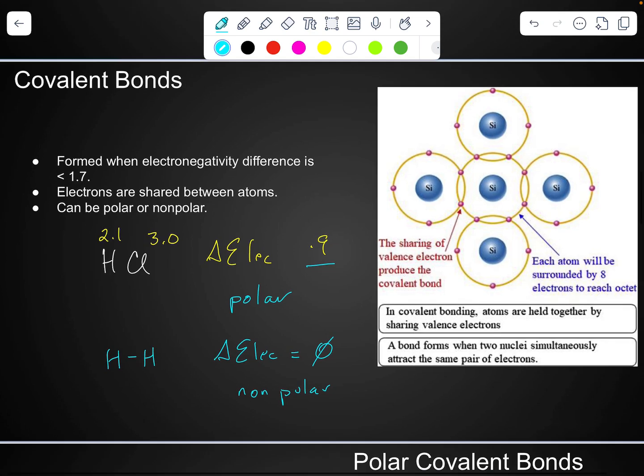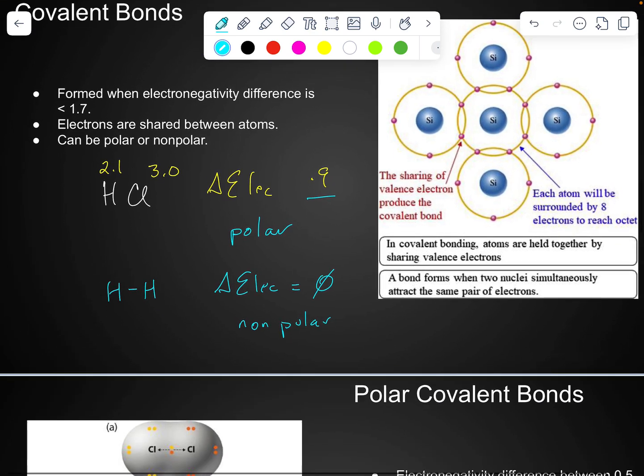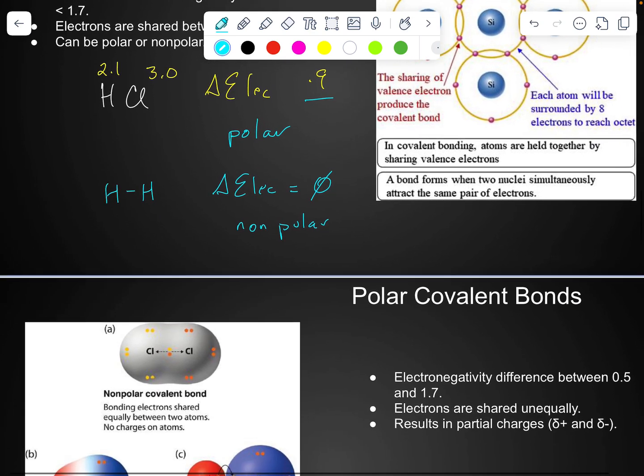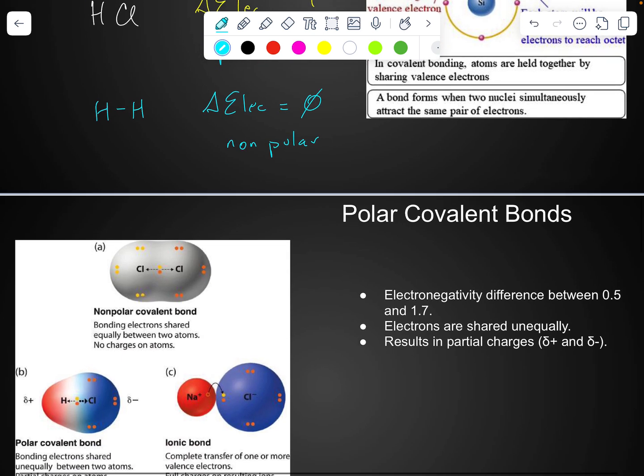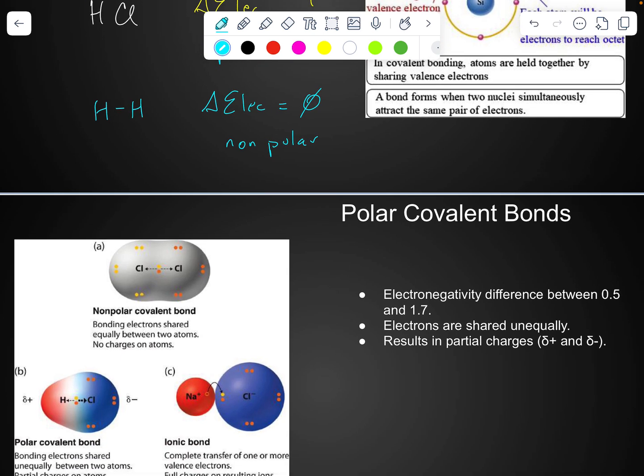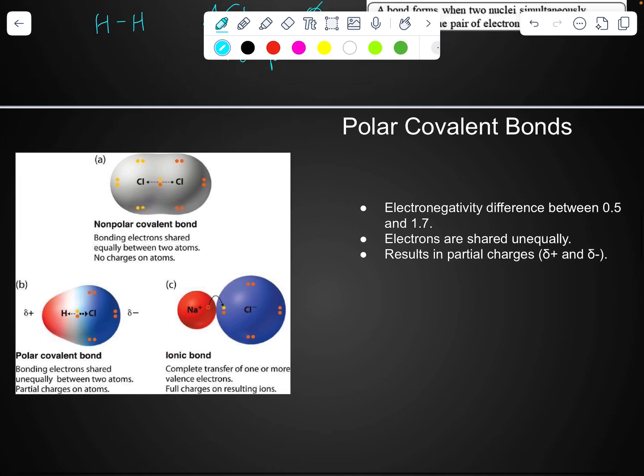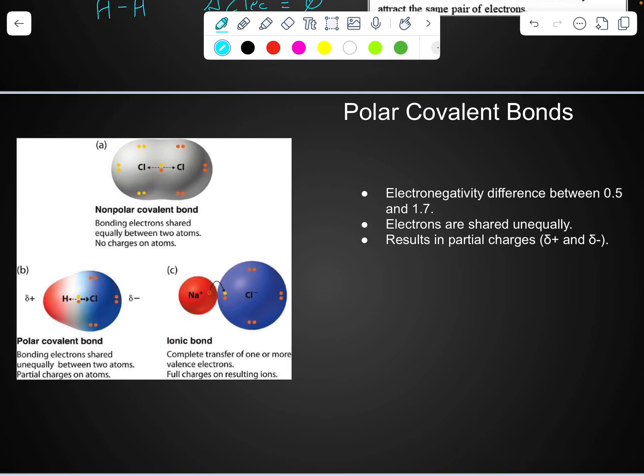If you are sharing them relatively equally, sometimes 0.5 is the break point here, not necessarily 0 like we just showed in that example, then you are considered non-polar. So polar are between the 0.5 and like 1.7 or all the way up to that 1.92 range. They're shared unequally.